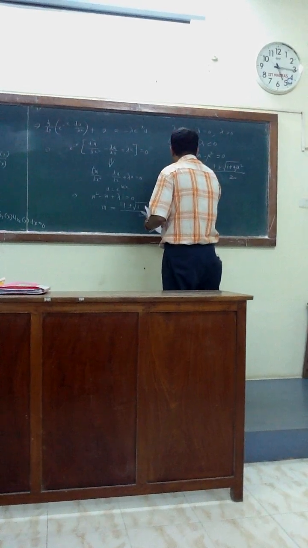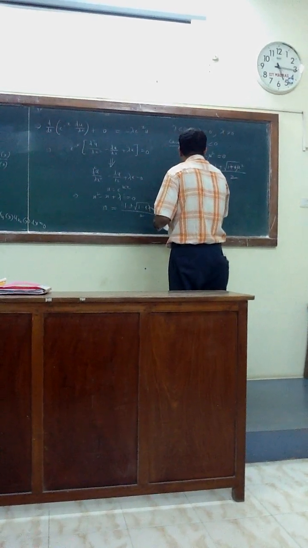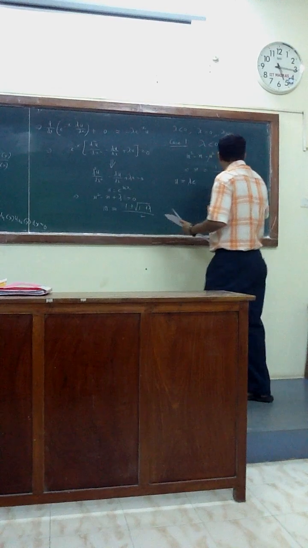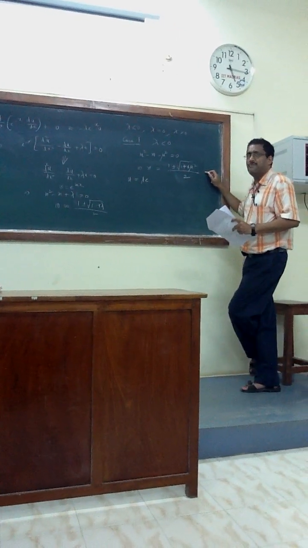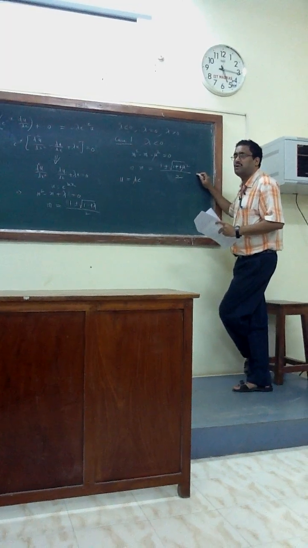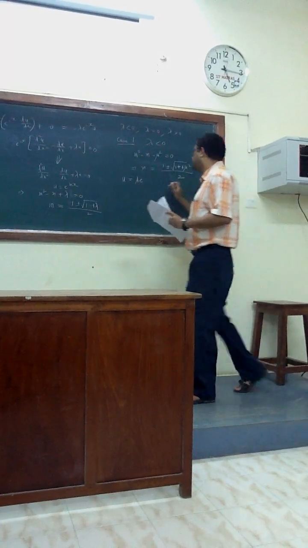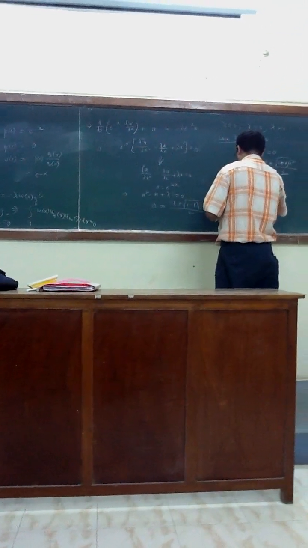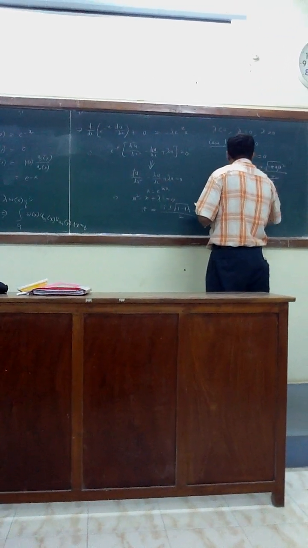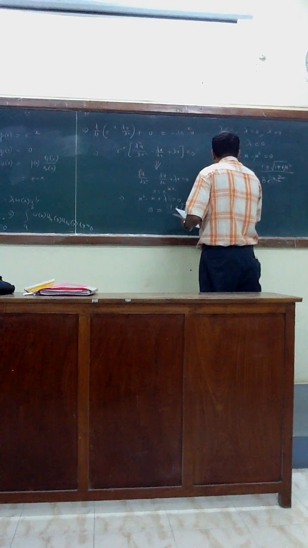What is my solution? A e to the power m1x plus b e to the power m2x, where m1 is 1 plus the square root of 1 plus 4 mu square by 2, and m2 is 1 minus the square root of 1 plus 4 mu square by 2. Now incorporate the boundary conditions.